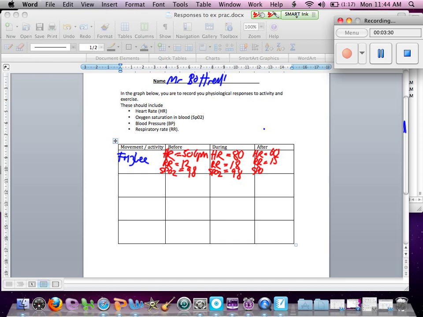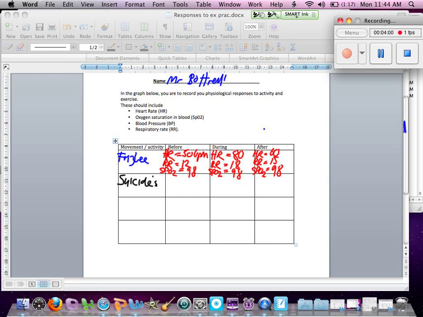I then went and did another activity. We played a game of mat ball. No, we didn't. We did suicides, didn't we? Suicide runs. We went back and forth from the goal square up to different cones at 100% intensity. We sprinted.